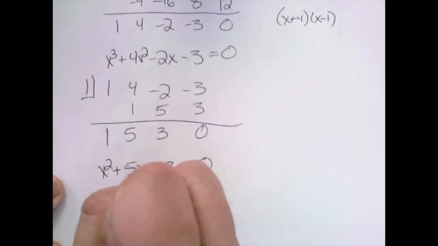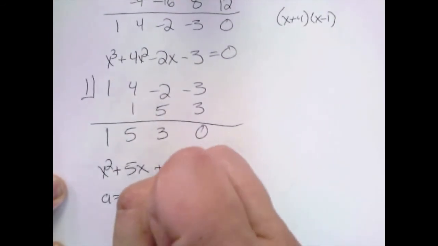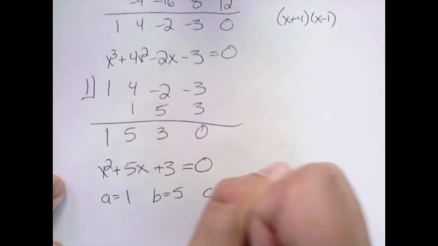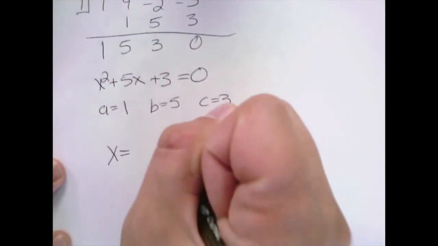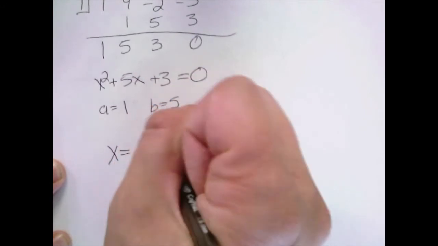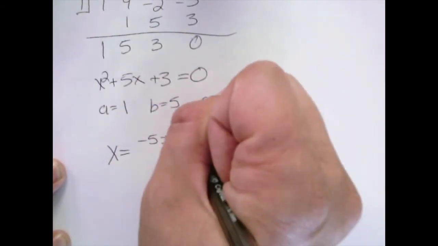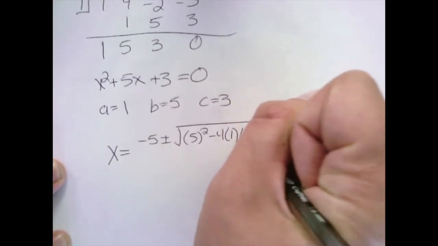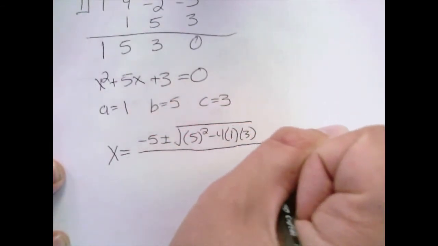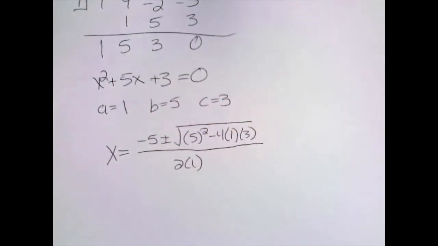So I'm going to write down my a term is 1, b is 5, c is 3. Plugging into the quadratic formula, we're talking x equals negative b plus or minus the square root of b squared minus 4ac, all over 2a.